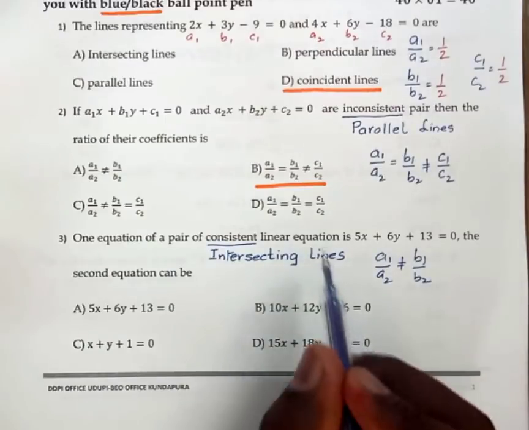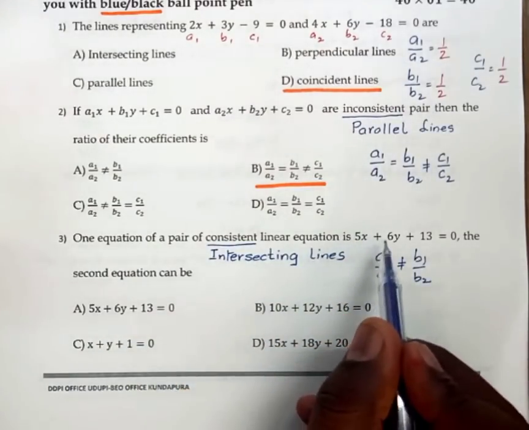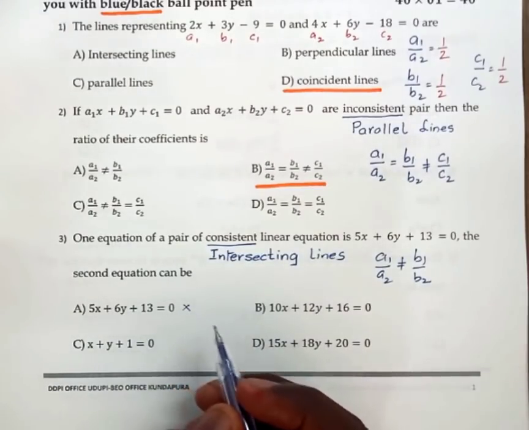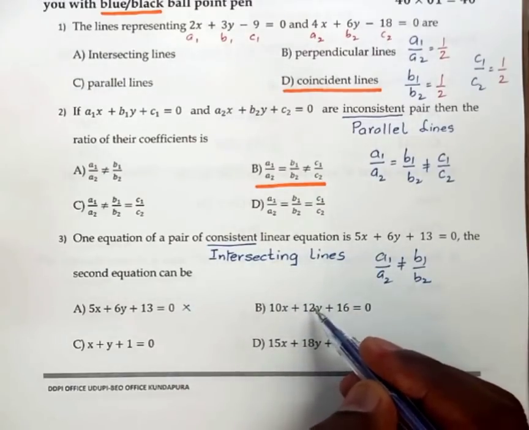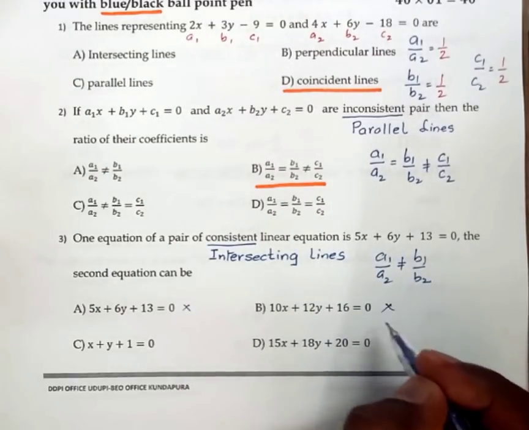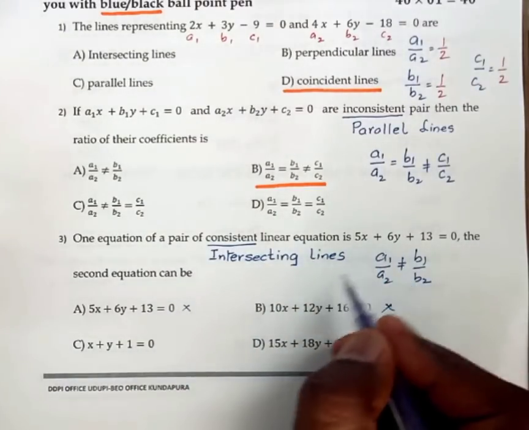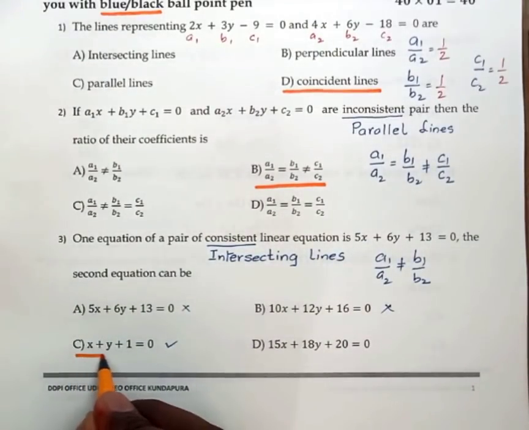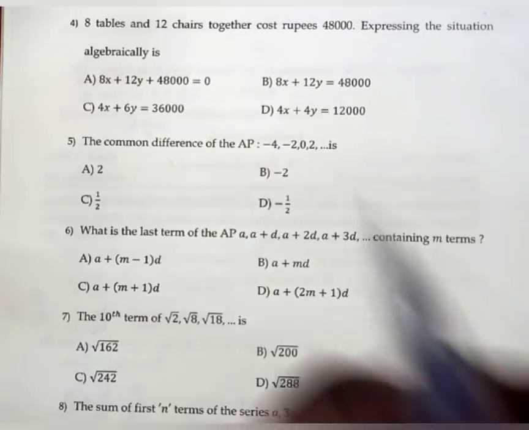We should try out the equation which satisfies this condition. a1 is 5. Find out the ratio such that a1 by a2 is not equal to b1 by b2. The first equation, that is option A, doesn't satisfy the condition. In the same way, option B doesn't satisfy the condition. Now 5 by 1, that is a1 by a2, in the same way 6. Therefore this equation satisfies the condition a1 by a2 is not equal to b1 by b2.